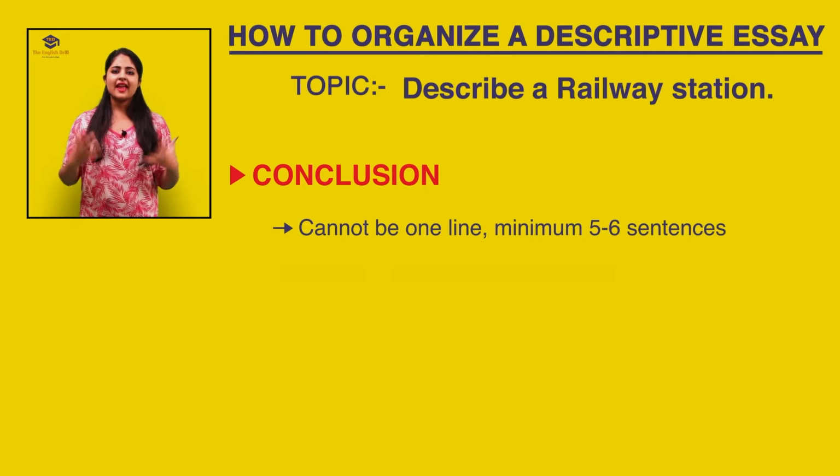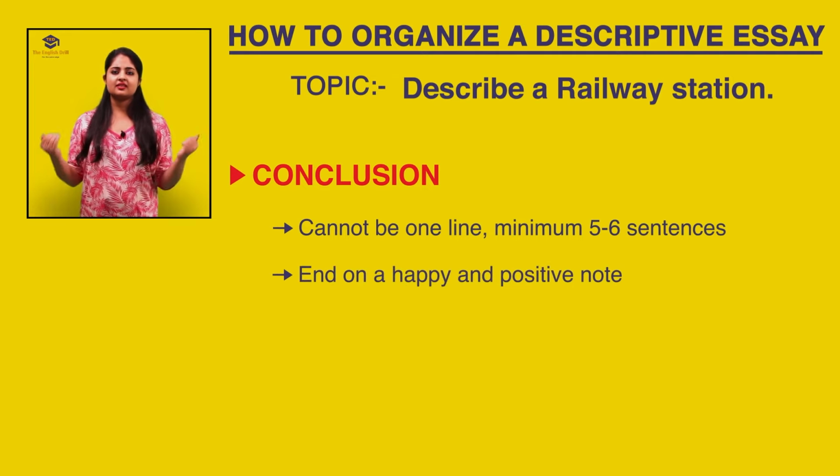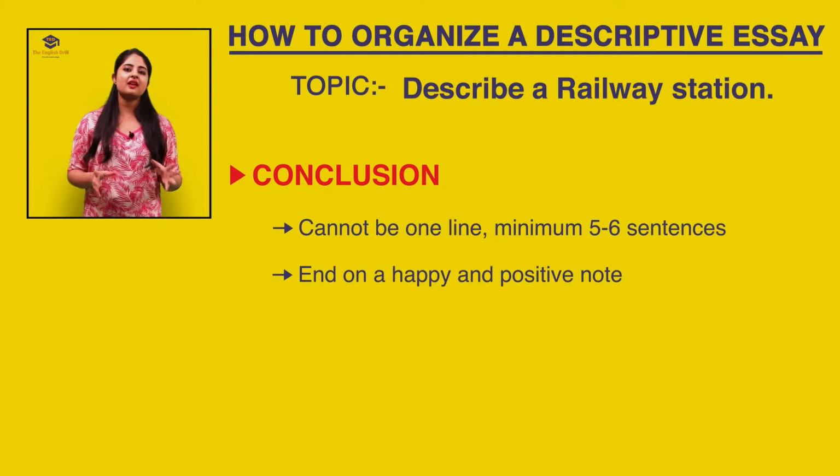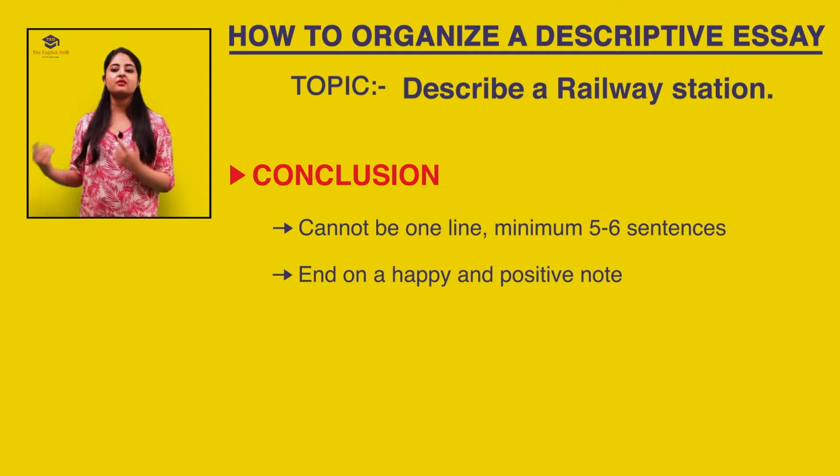Number 2, end on a happy note. The conclusion should be a happy one. Even though your experience at the railway station was not very pleasant, the sights and sounds and smells, they were not very pleasant, but you have to end on a happy, positive note.